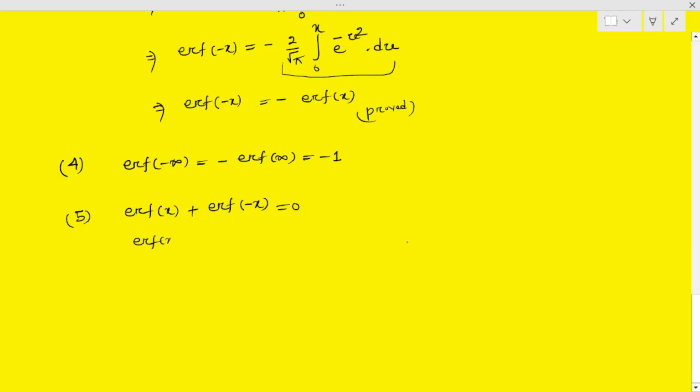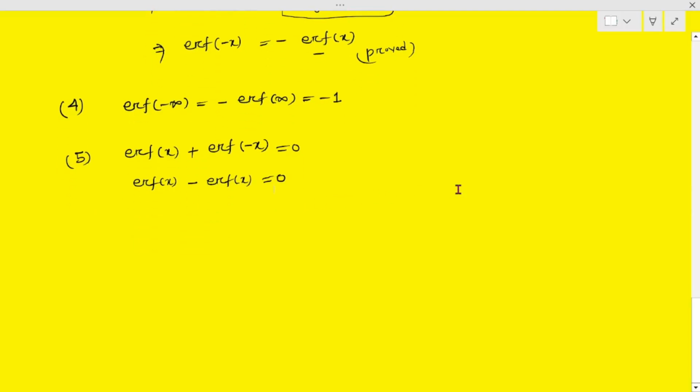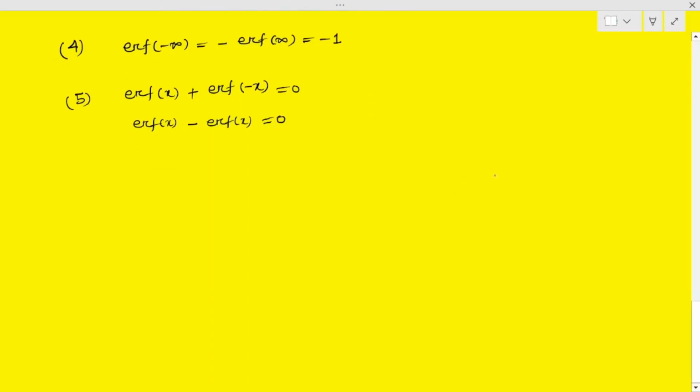Error function of x plus error function of minus x is what? Minus of error function of x according to the third characteristic. So error function of minus x will be minus of error function of x. So error function of x plus error function of minus x will be 0.